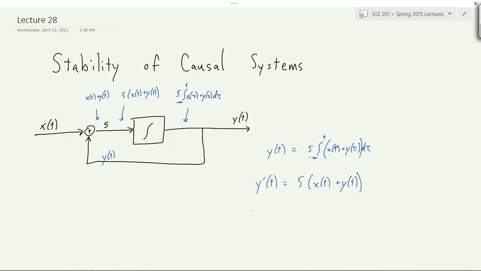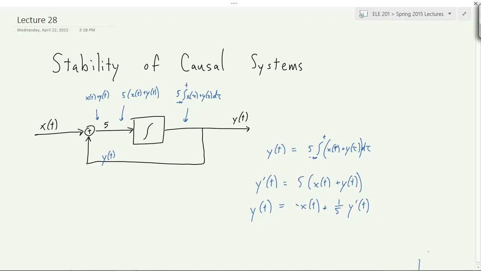Sometimes a standard form to write it in is to put y of t alone on one side and say y of t equals negative x of t plus a fifth of y prime of t. So it's a differential equation. It's an equation that has derivatives of y.